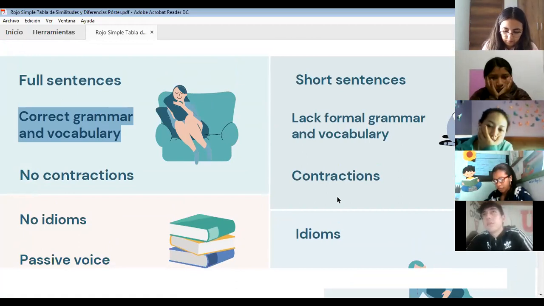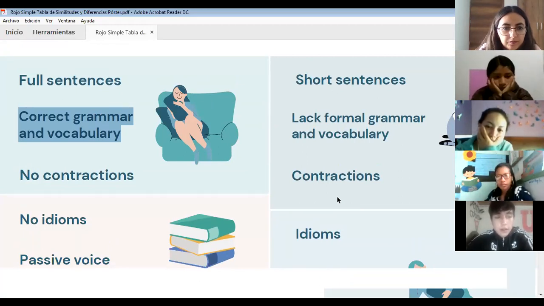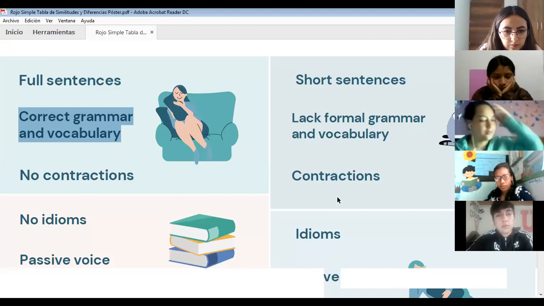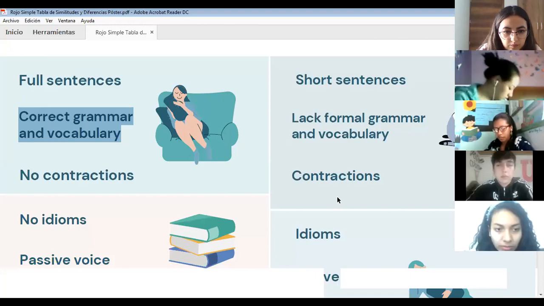Words more formal? Exactly. So in formal we use more advanced vocabulary. Thank you, boy. Now the next, help me, Raúl Benavides.